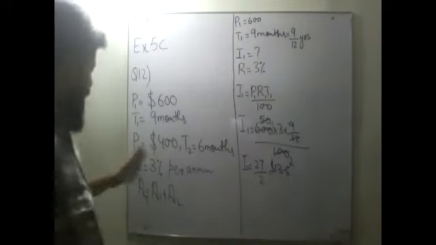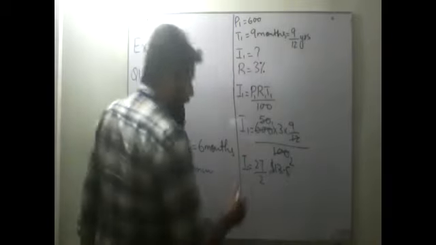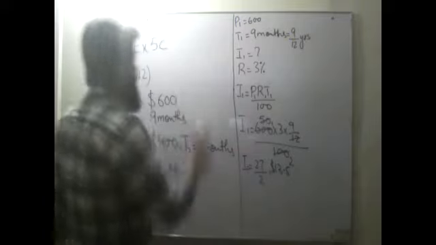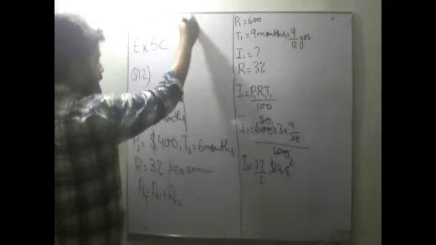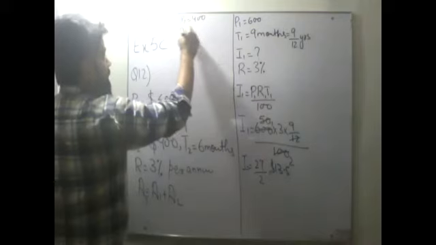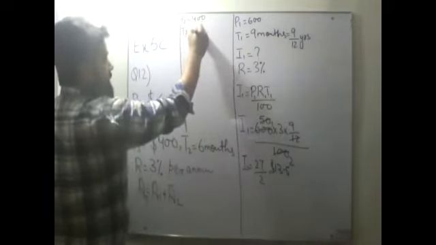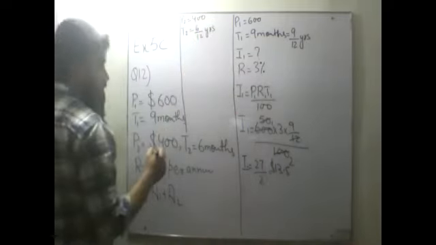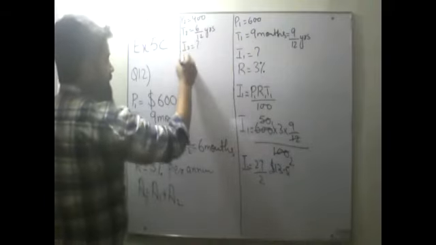Now coming to my second one, P and R. P2 is given to me as 400. Time 2 is 6 months. So 6 months means 6 divided by 12 years. I have to find I2 and rate is given 3%.